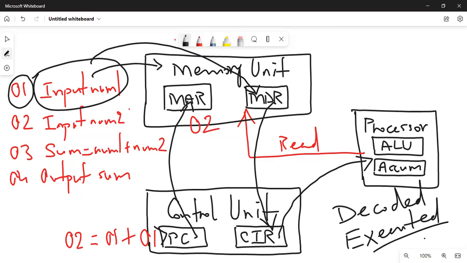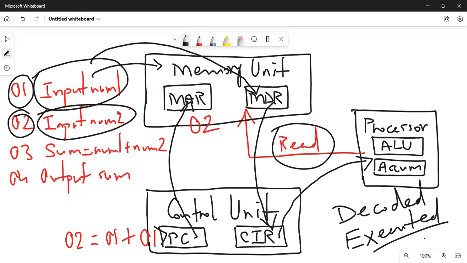Then again, when the read command arrives at the memory unit, the instruction present at location 2 will move to the MDR register. From the MDR, it will move to the CIR register.